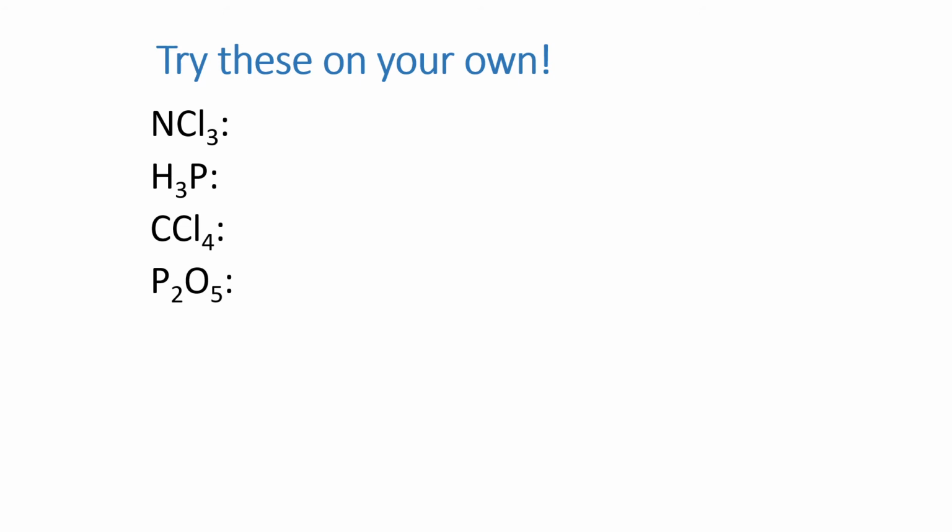So let's take a look at these. I have one nitrogen. It is the first element, so no mono. Mono can only be used with the second. I have 3 chlorines, so 3 is tri. And chlorine becomes chloride. We drop that last syllable and add IDE. H3P.